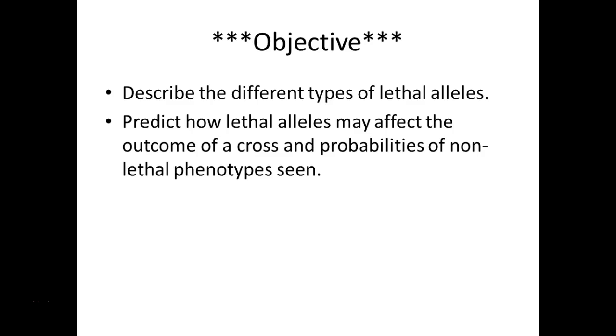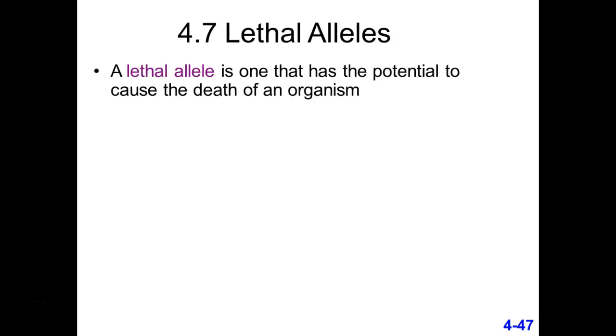All right, so predict how lethal alleles may affect the outcome of a cross and the probabilities of non-lethal phenotypes seen. So a lethal allele is one that has the potential to cause the death of an organism. Not always kill you, but.